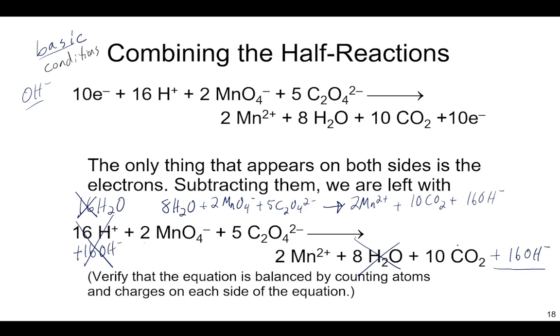So it's basic conditions. We can still and should probably go through, and especially for hydrogens and oxygens here, make sure those are balanced. 16 hydrogens on the left, 16 hydrogens on the right. 8 plus 8 is 16 plus 20 is 36 oxygens on the left, and 20 plus 16, 36 oxygens on the right. All right, so we've done that correctly.